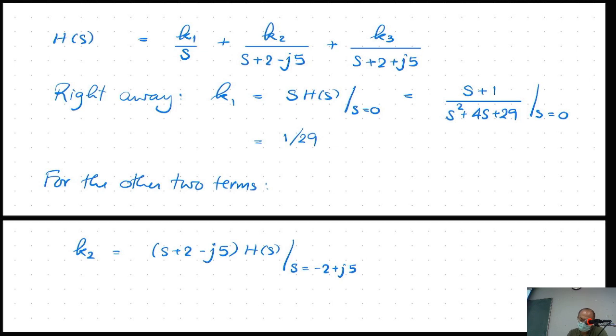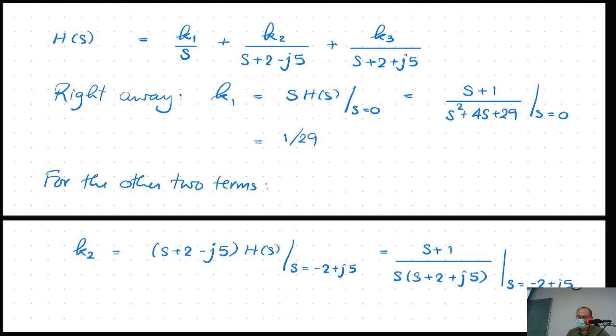So when we do that, we have S plus 1 over S times S plus 2 plus j5, and then plug in S equal to minus 2 plus j5.